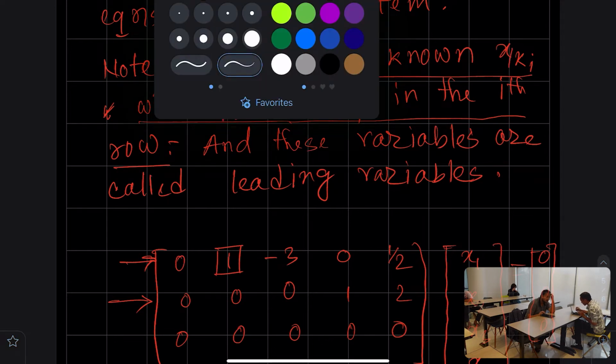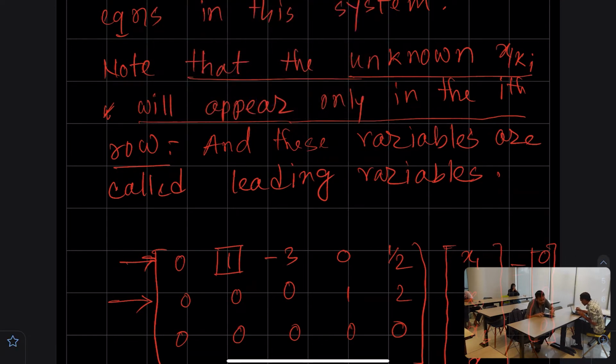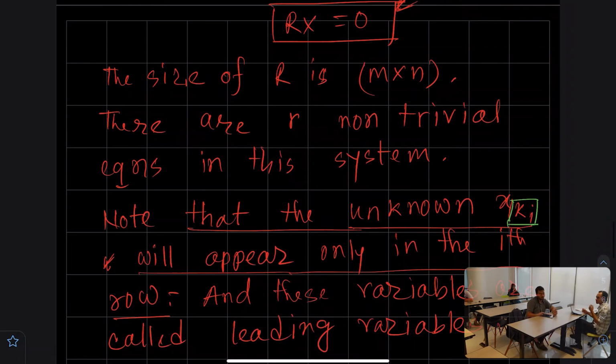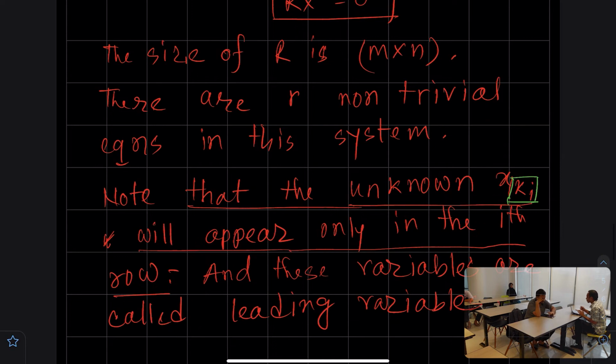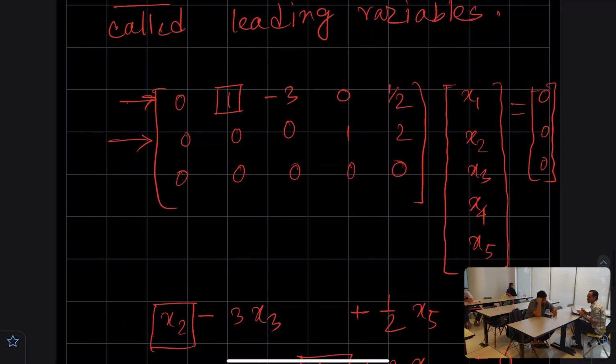This ki, what is this ki? Position of the leading one. Because I'm considering i to be the number of the row and ki is the number of the column where the leading one appears, right? Okay, then in this case ki is what? This is 2.